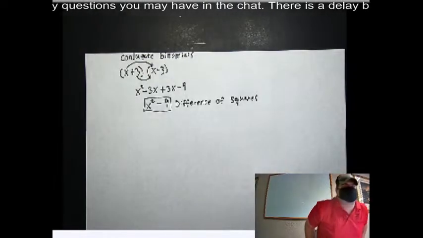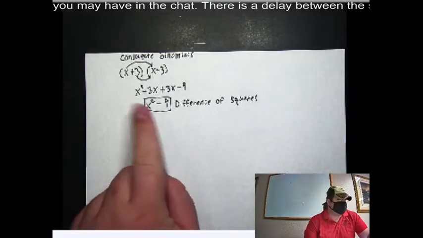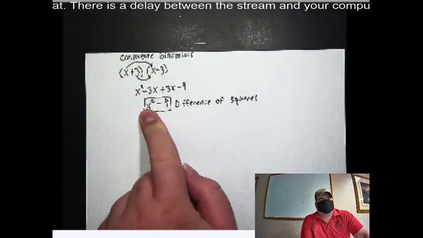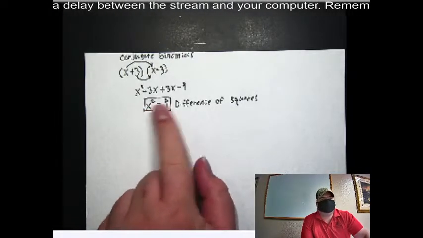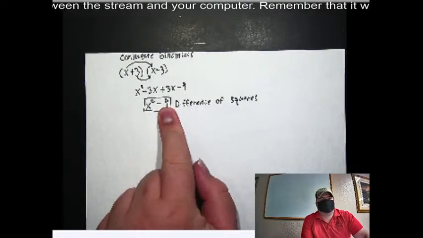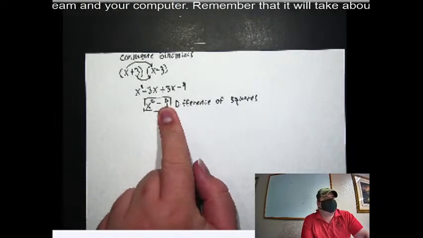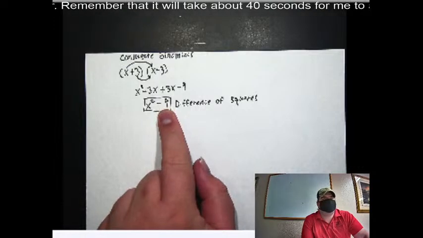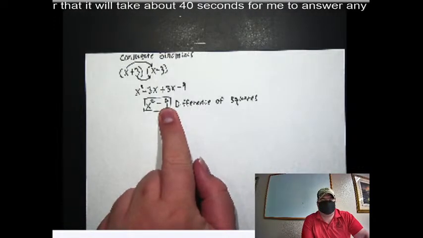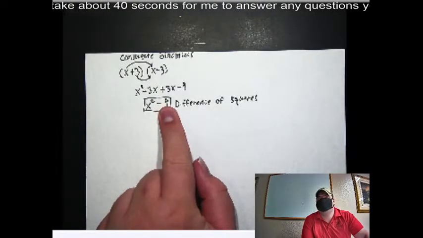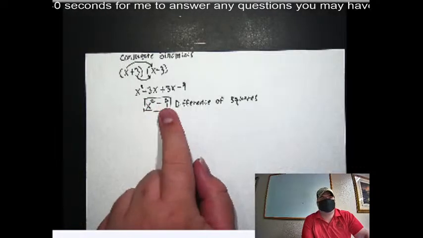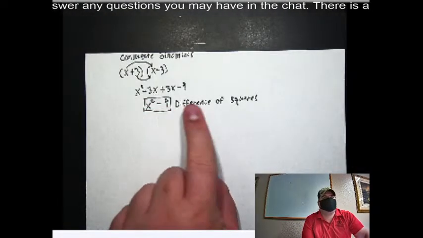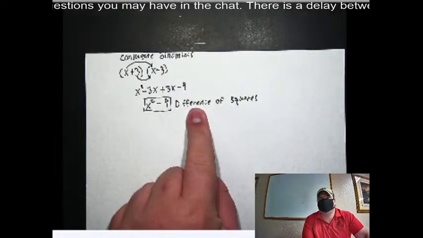So what do I mean by difference of squares? So look at both of these numbers. We have x squared and 9. Well, x squared is obviously a square. Is 9 a square of something? Is there something that times itself gets us 9? 3. So 9 is a square of 3. So both of these are squares, and another word for subtracting is to take a difference.